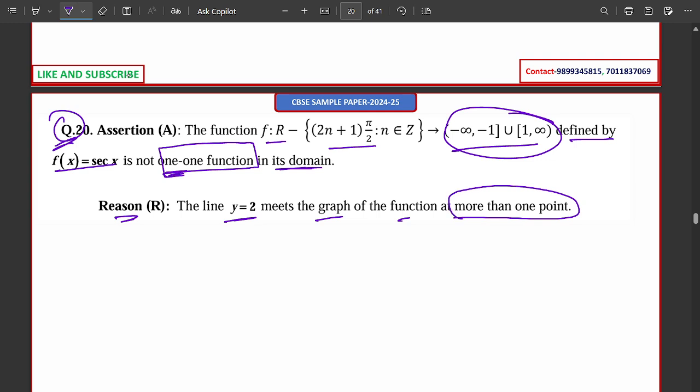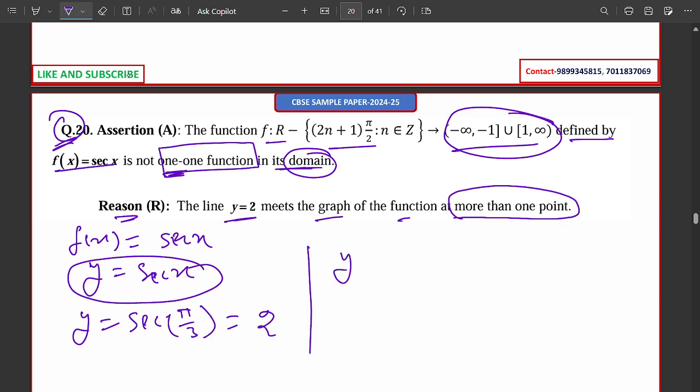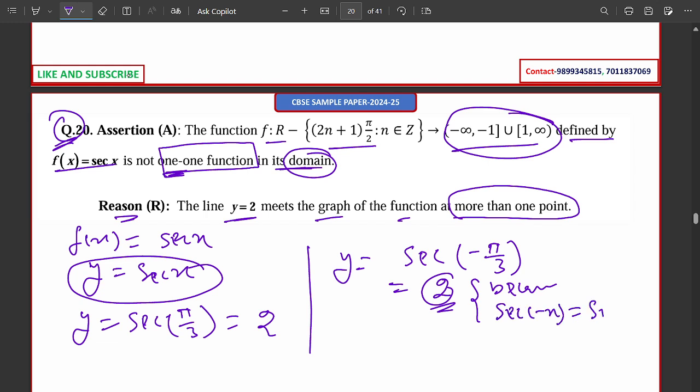So for a one-one function, because f of x is equal to sec x, if we find two or more than two values of x for the same y on the domain, the function will not be one-one. Like y is equal to sec, in place of x we take pi by 3, so the value will be 2, and y is equal to sec minus pi by 3, so this is also 2, because sec minus x is equal to sec x.